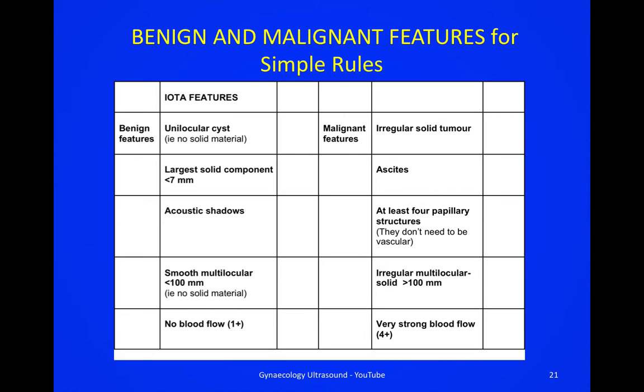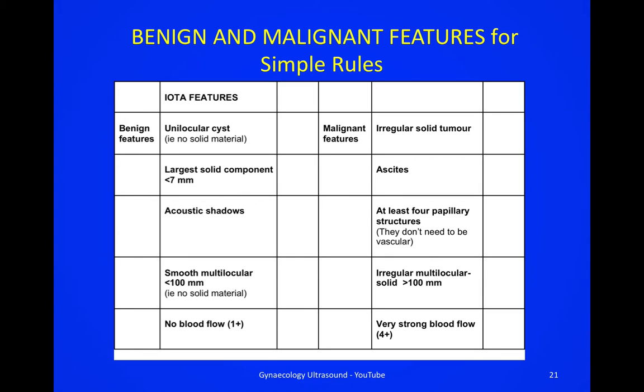Benign and malignant features for simple rules are the following. Benign features: a unilocular cyst, i.e. no solid material, a largest solid component of less than 7 mm, acoustic shadows, a smooth multilocular cyst of less than 10 cm, i.e. no solid material, or no blood flow.